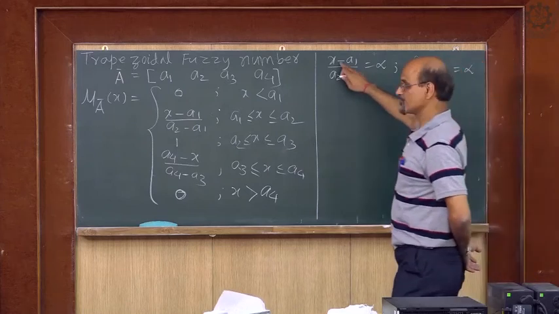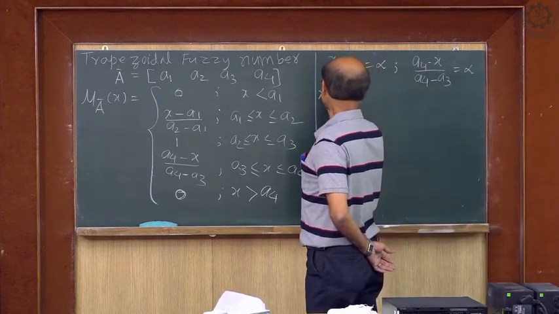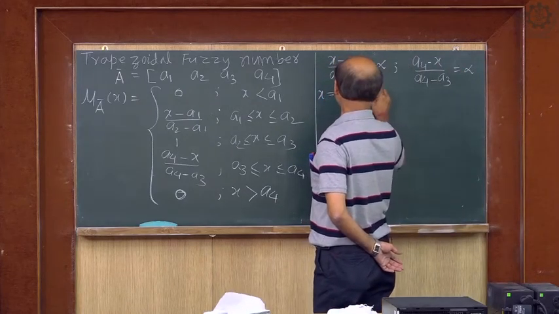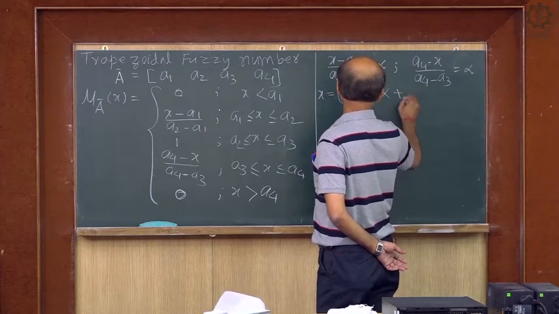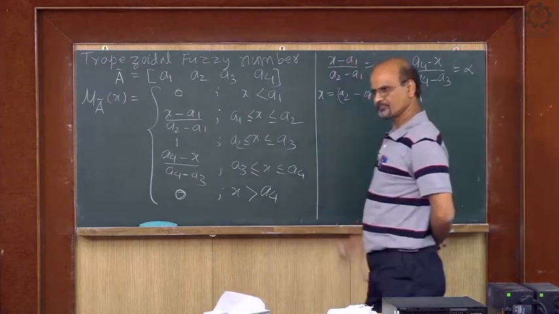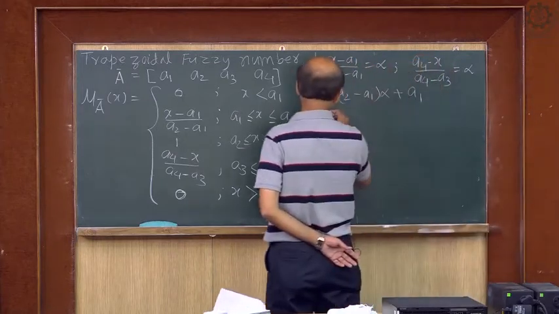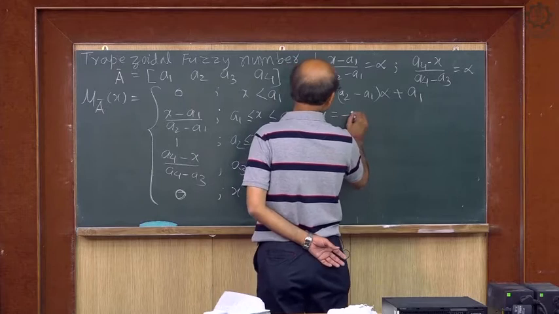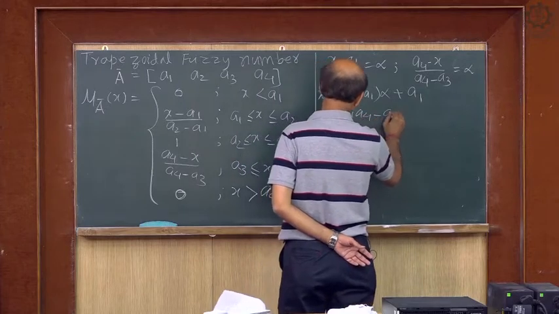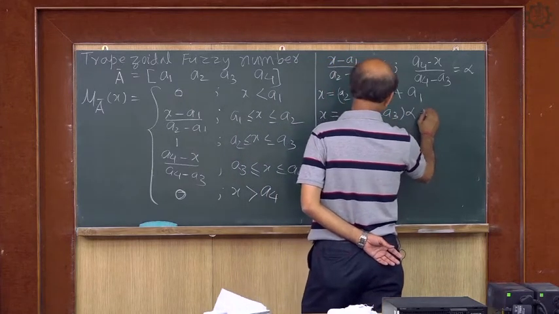So, I can write from here x as A2 minus A1 alpha plus A1, as we did in TFN, and from here x as minus A4 minus A3 alpha plus A4.